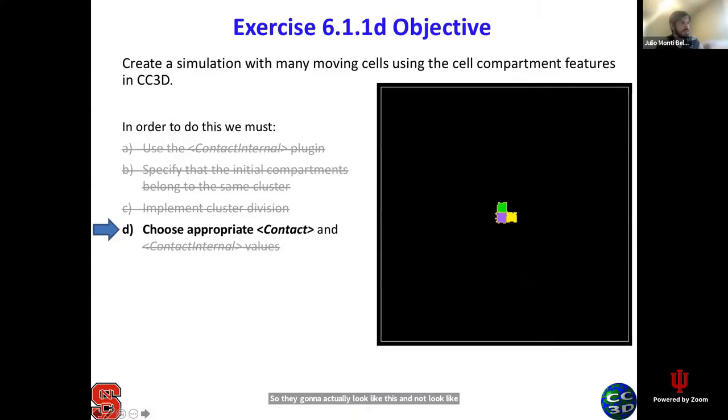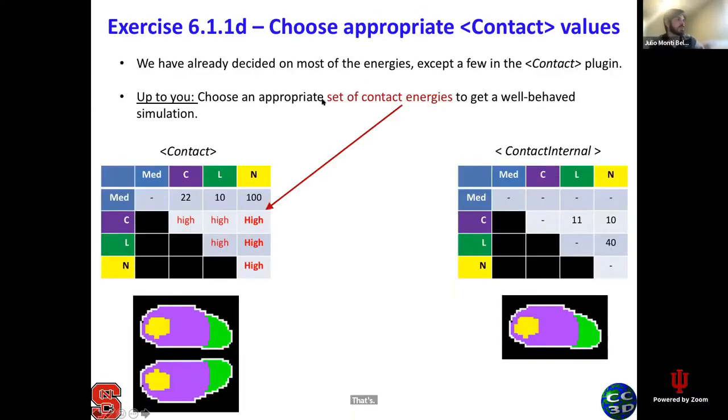You have to go back to the XML file, and we have already done this exercise. We already reasoned that the contact of the nuclei with everything else should be very high, and that the contact with the cytoplasm, lamella, and lamella should also be a high number.